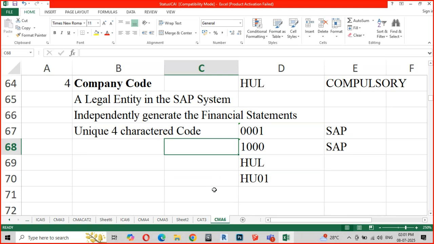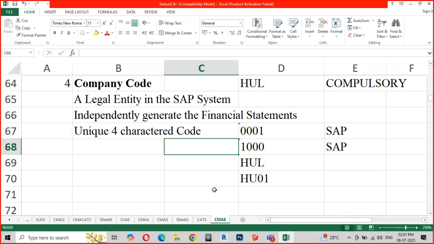It starts with the client, and the very next important and most mandatory component which you create for the financial activities is something called a company code.